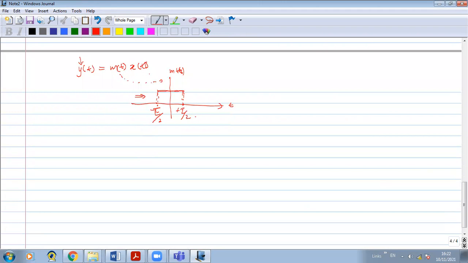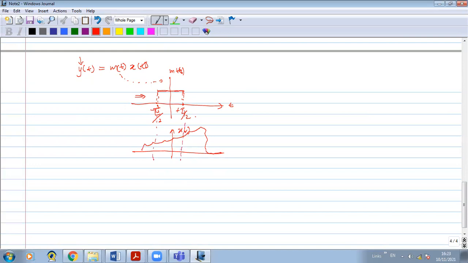So you can see that if we have a product with another signal, x(t) is an arbitrary signal. It may be like this. If we have the product, we have only these two limits.